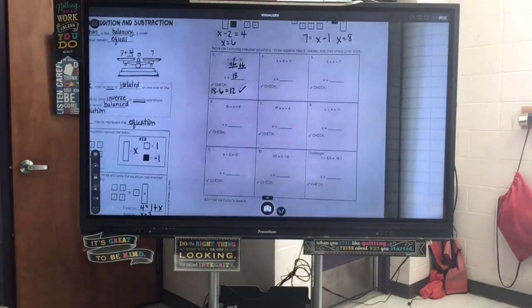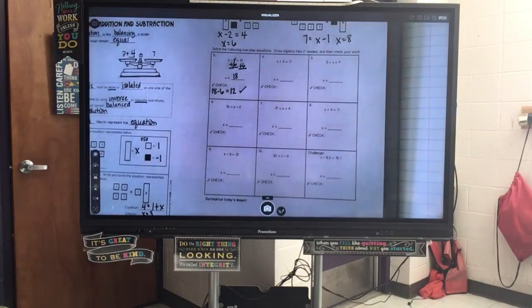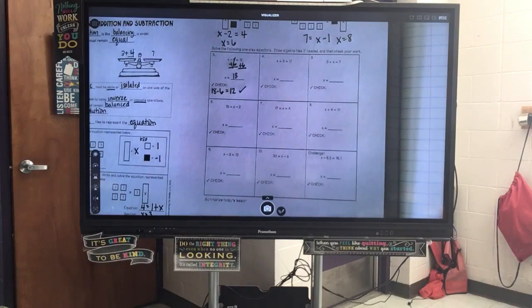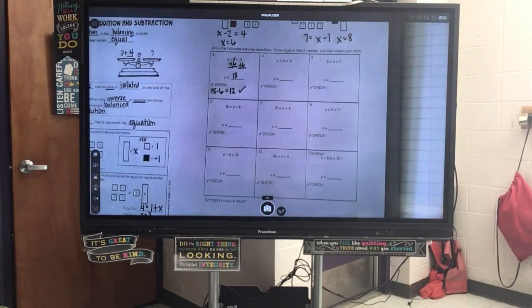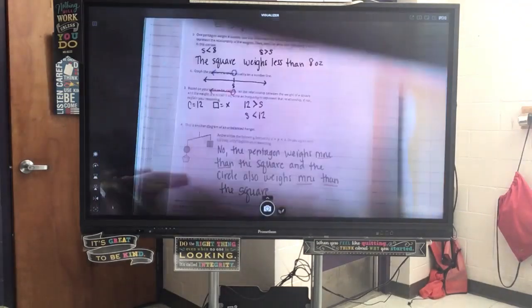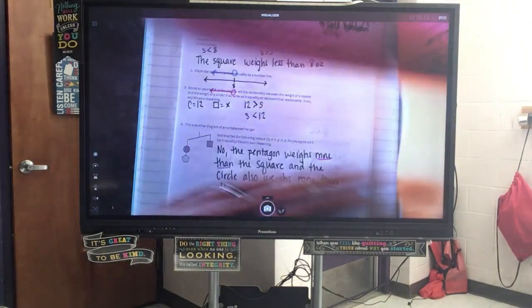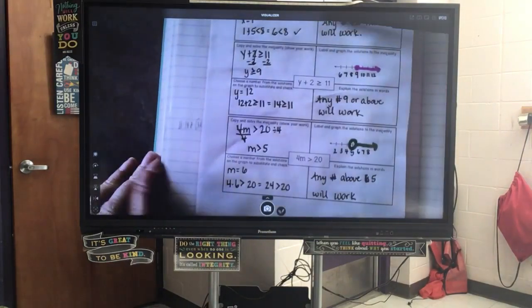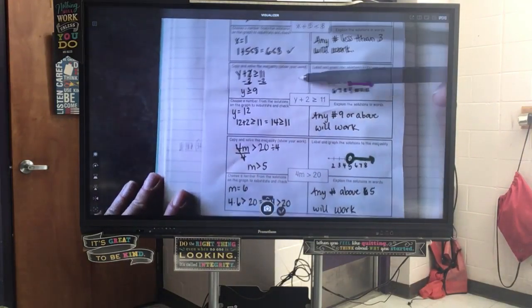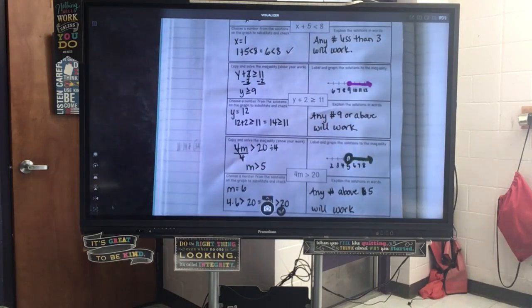So what does this look very similar to, the process that we just did? What does it look very, very similar to? Inequality. So that foldable, and I'm gonna flip back to it real quick. Well, this is a really good example, your homework page that day. This is essentially everything we're doing on that sheet.